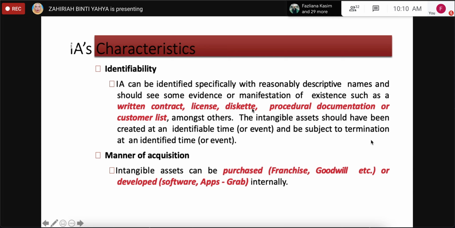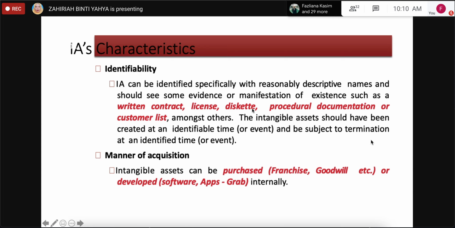Okay, the intangible asset should have been created at an identifiable time or event and be subject to termination at an identified time. Ada intangible asset yang perpetuity, sampai bila-bila. Ada intangible asset yang ada limit masa dia, based pada written contract.